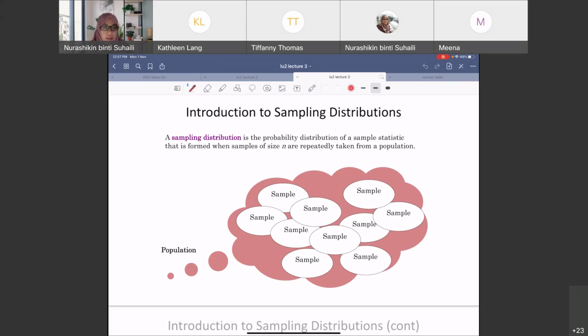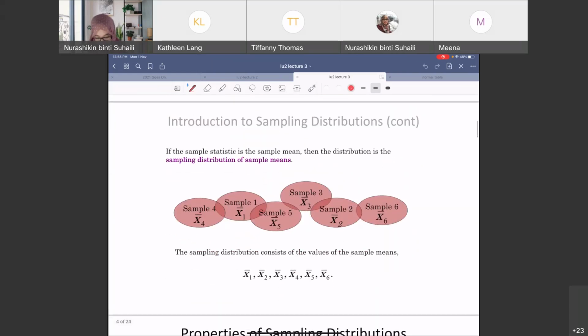The data collected from repeatedly taking those samples is called the sampling distribution. I think you will understand better after this, but for now, accept that it represents data that comes from samples taken repeatedly from a population. So that's sampling distribution.